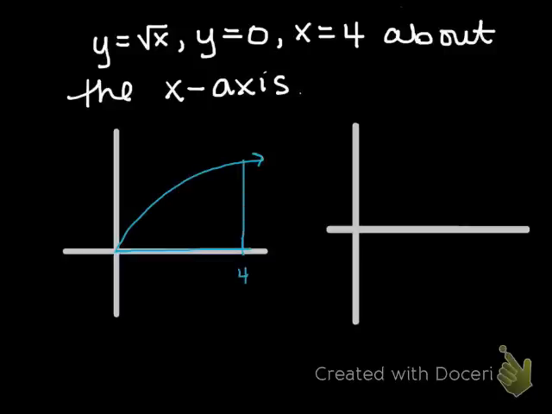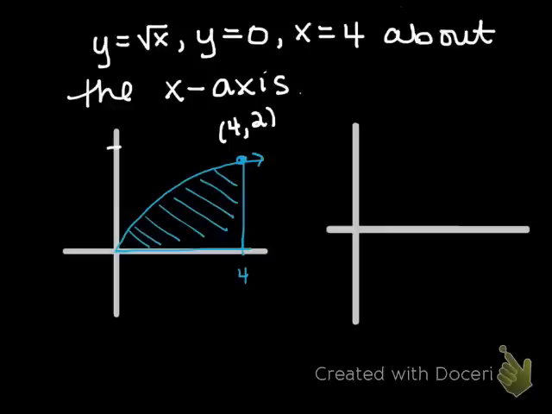So our area in question is right here. If we label this point up here, x is equal to 4, so then y would be equal to 2. So here is the area problem that we would have set up back in section 7.1.